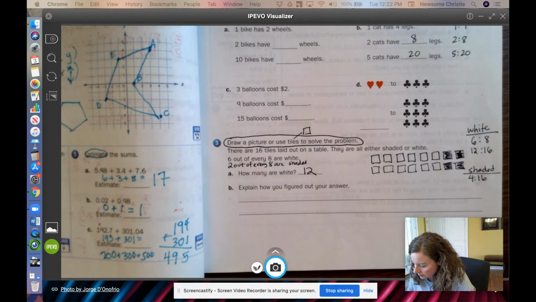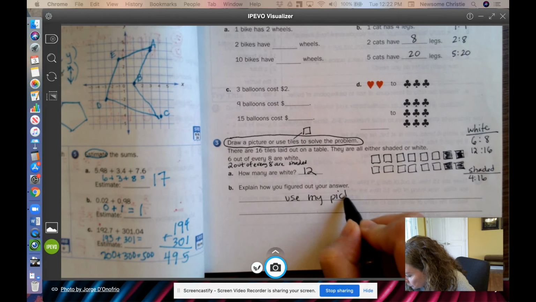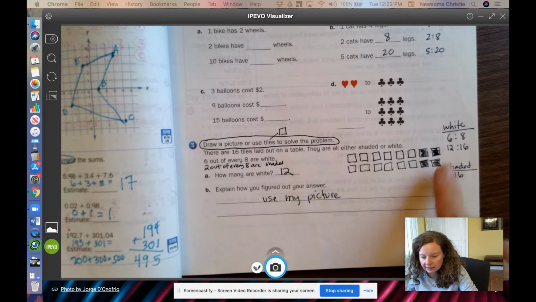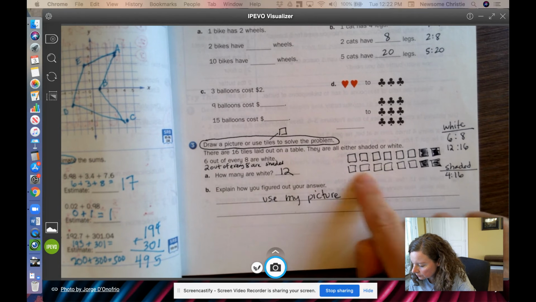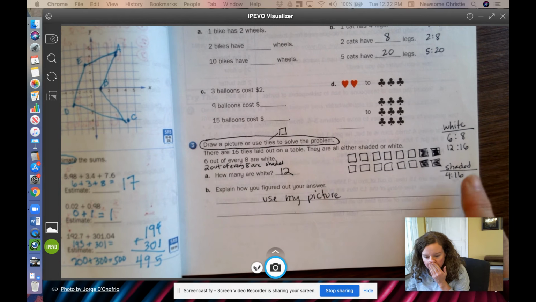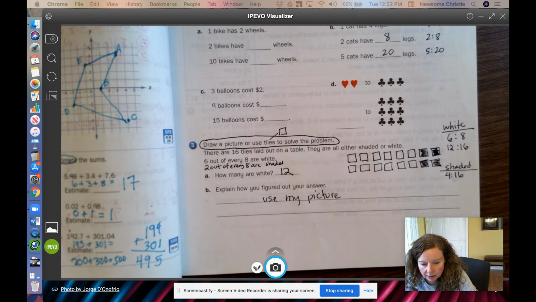All right? And how did I find my answer? I used my picture. Okay, so trying to just understand, and again, the whole was the 16. Part of them are white, part of them are shaded, and trying to make sure your ratios match that picture can help you see what's happening. Hopefully that makes some sense.